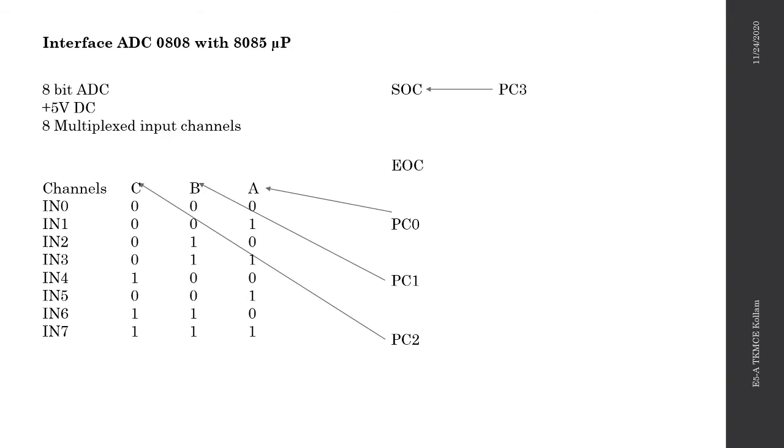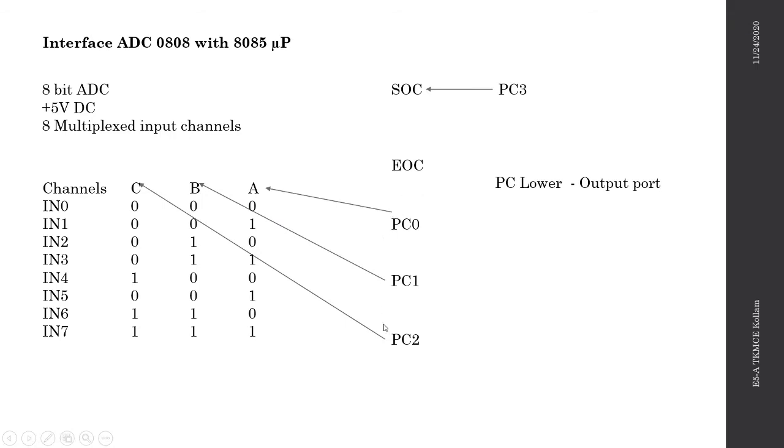Let's assume we are going to connect the analog signal to channel 0. So the address is 000. For starting the digital conversion of the analog signal connected to channel 0, it requires an SOC pulse. That is, initially SOC will go high, then go low, so that it looks like a pulse. For that, PC3 should initially be made 1 and later reset to 0.